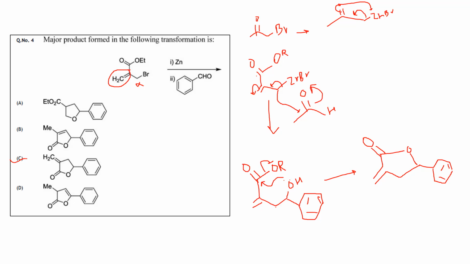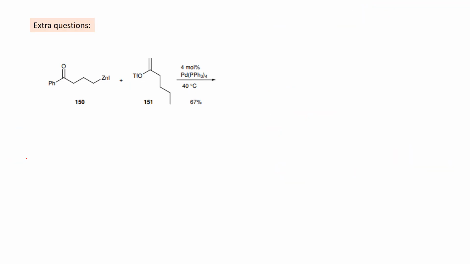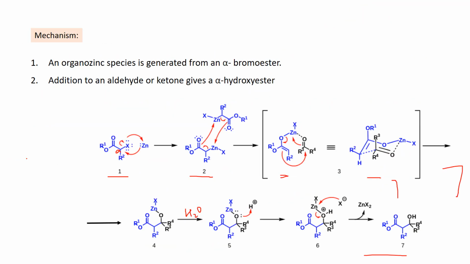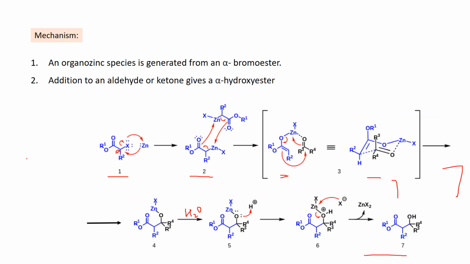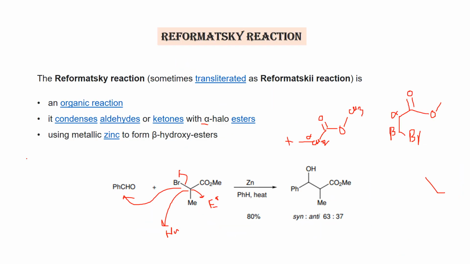So this much of the Reformatsky reaction. First, we need an alpha halo compound which will get incorporated by the zinc and convert into a nucleophilic center, and that will attack a carbonyl compound like aldehyde, ester, acyl chloride, or any alpha beta unsaturated compound.